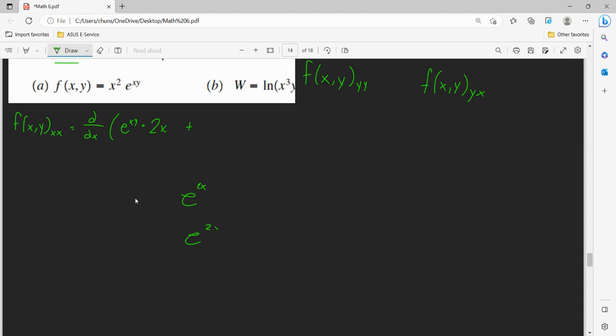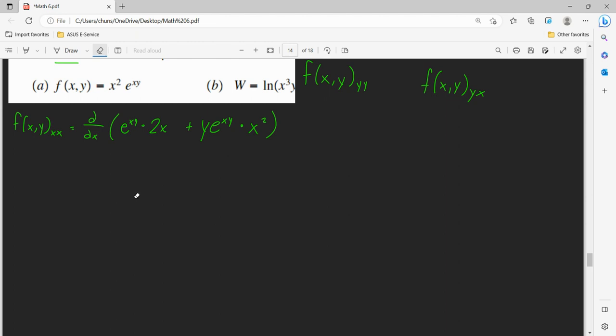So we're going to keep the power the same. And we know the derivative of our exponent comes down. So in this case, our constant is y. So this is y comes down, and this is x, y. Okay, and times x squared.